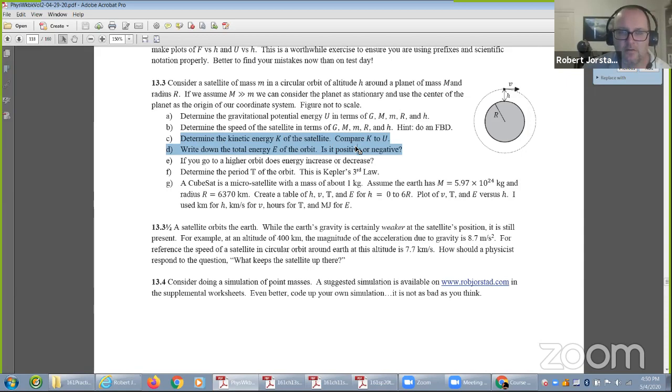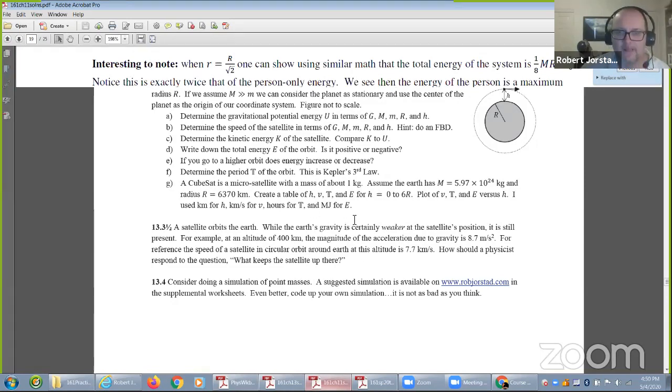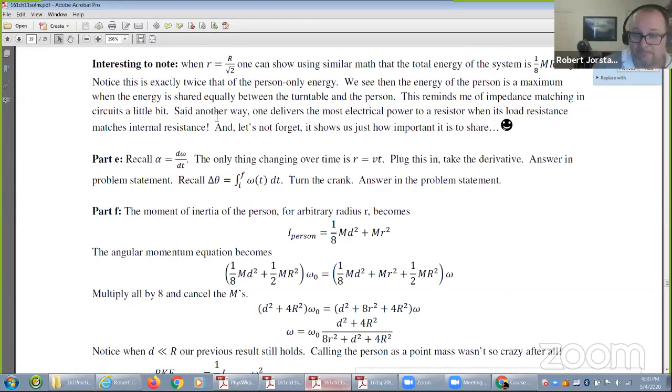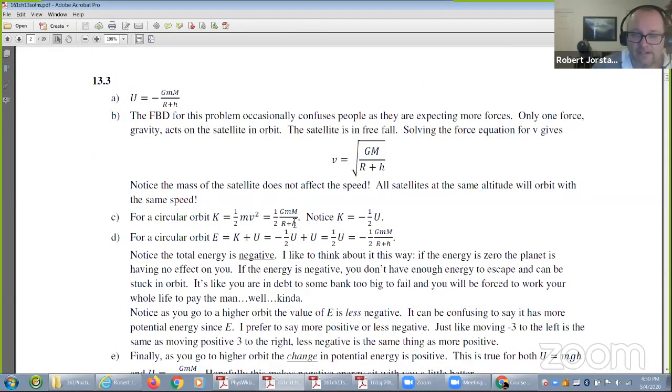But we do see this unusual relationship being formed. Right here, we do see that I know the potential energy. And if I know it's in a circular orbit, by doing the free body diagram, we discover this interesting result.